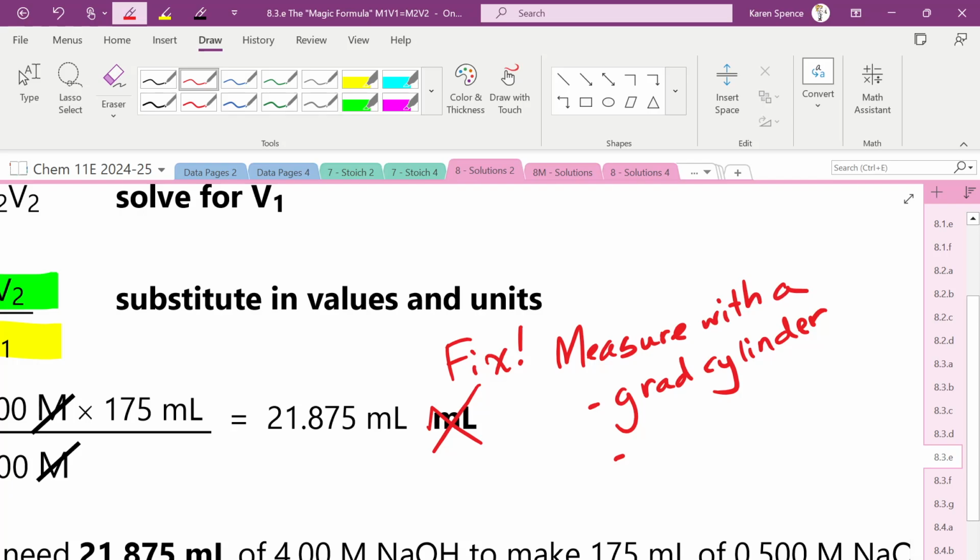Do you think it is likely that we would find a volumetric pipette of that volume? No, because it's not a nice round number, but you could use a graduated pipette. If you really had to be very precise, you could use a burette. Yeah?